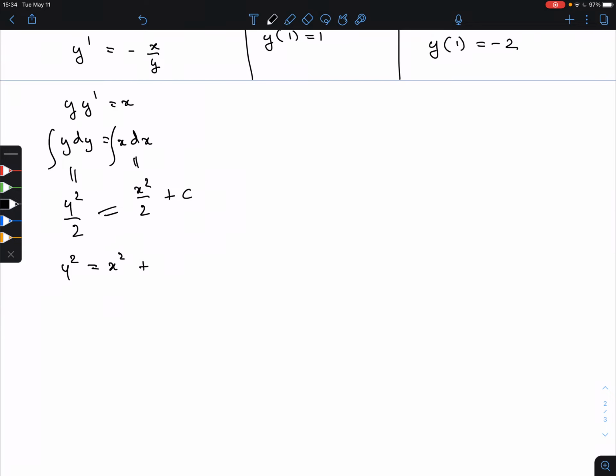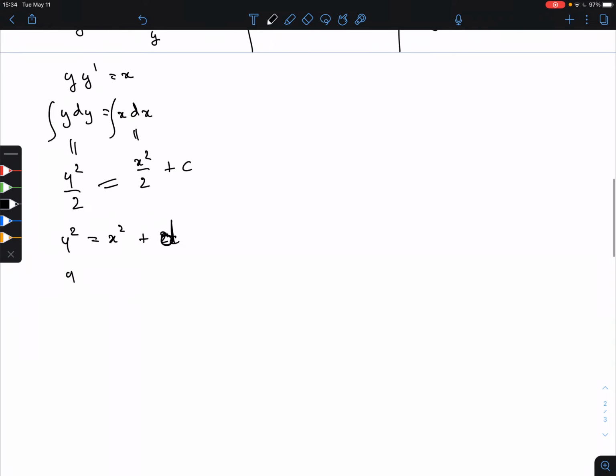So that is 2c. But Professor, 2c, that's the same as c, right? It's just a constant. Okay, should we leave it? We can leave it, we can change it to a constant d. I'm going to leave it as a constant d. And so then we see that y is the radical of x squared plus d, or the negative of that radical. So there are two branches, and that is totally normal, right?